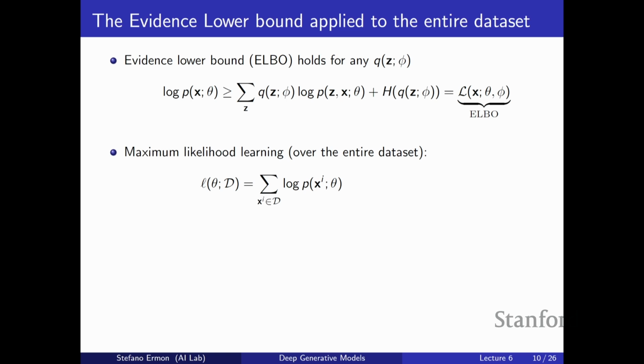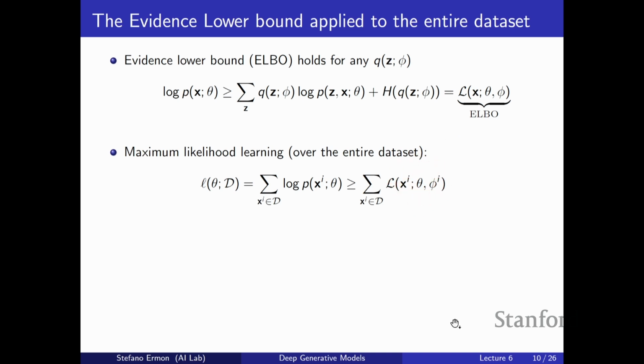So we don't just care about a single x, we care about all the x's in our data set D. We know how to bound the log probability for any x and any theta through the ELBO. And so we can get a lower bound to the quantity on the left, the average log likelihood assigned to the data set, by taking the sum of the ELBOs on each data point. This is the ELBO for a general x, and we can get the ELBO for each data point, and we get this expression.